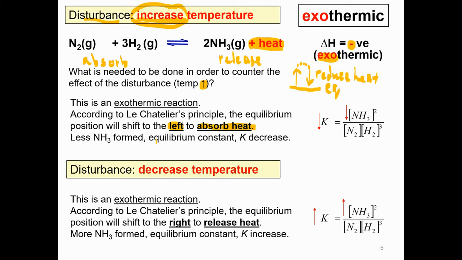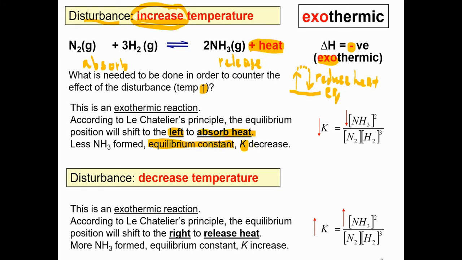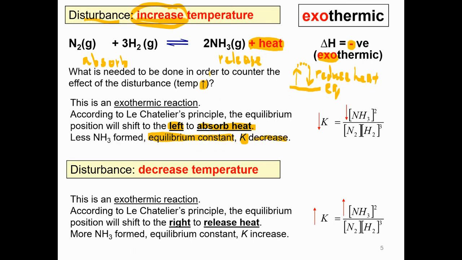Now, the next one is a little bit special, which we didn't learn in concentration, pressure, or inert gas, because there the equilibrium constant remains unchanged. But for temperature, it will be affected. So the equilibrium constant will decrease if we increase the temperature. Why?